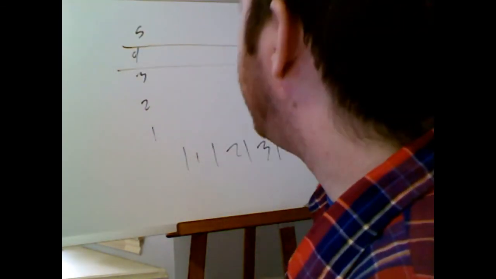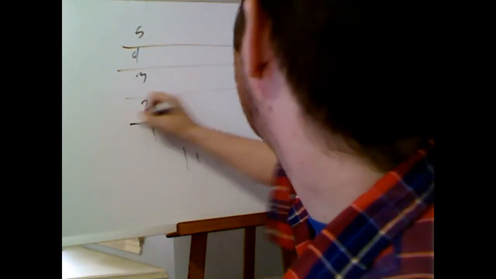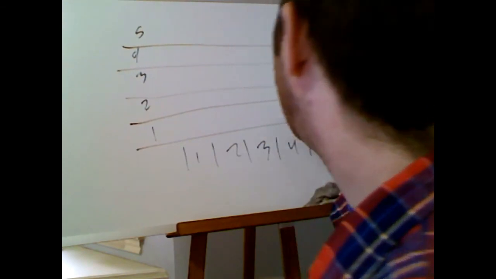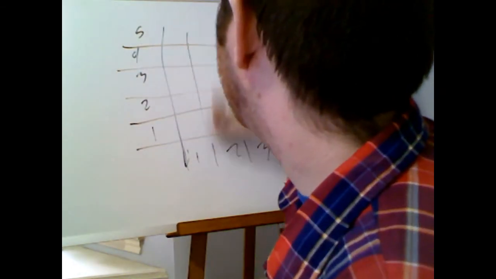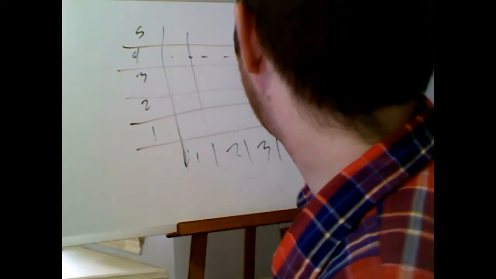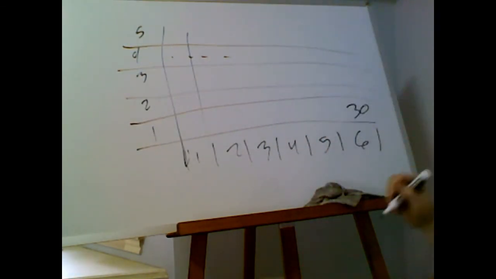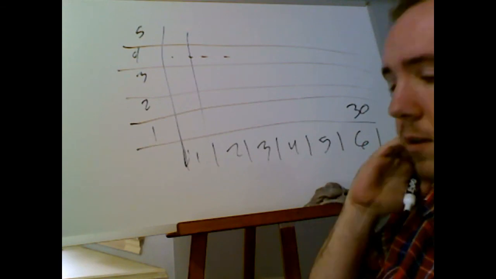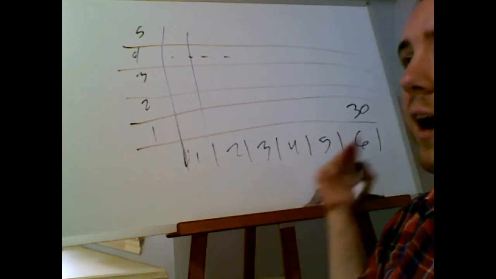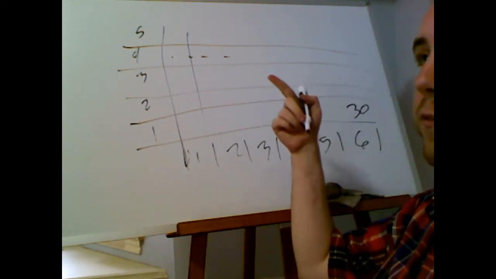But in any event, right? 30 people, or 30 cookies. 30 cookies will feed either 6 people or 5 people.